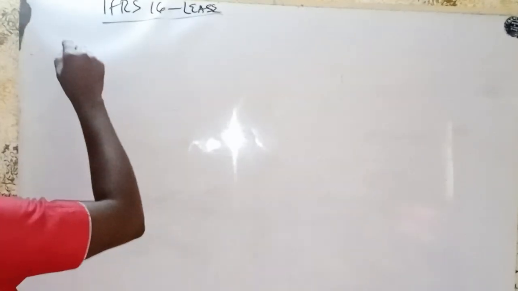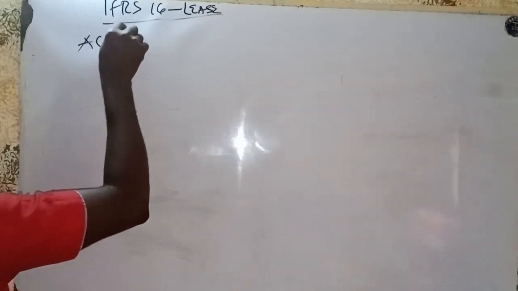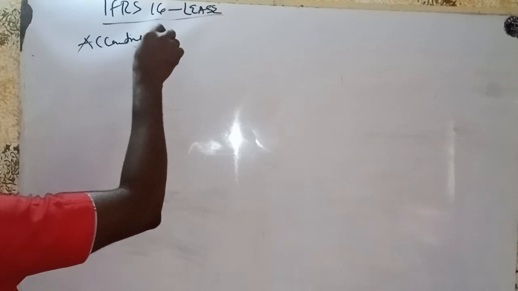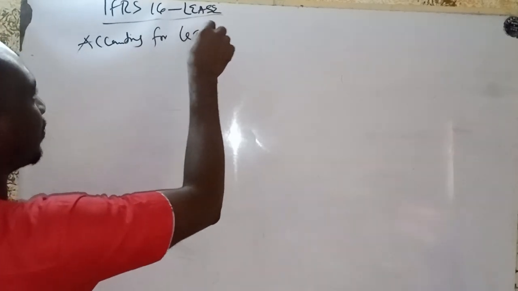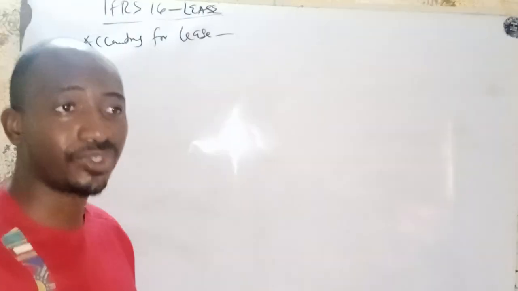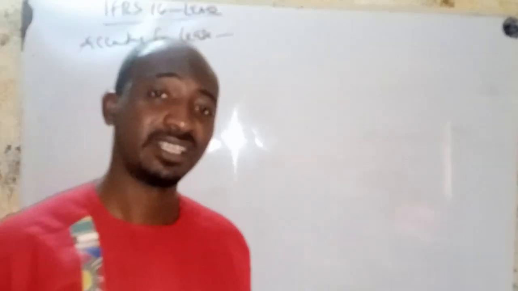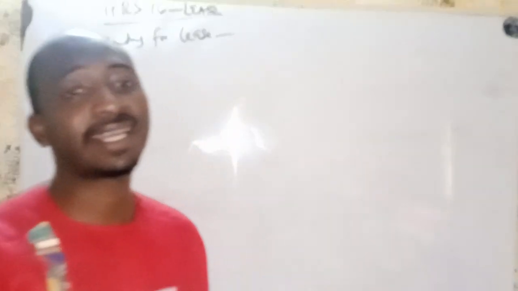Step one, whenever you are computing the accounting for lease, I told us before now that the accounting that we are doing is for a single book of account, that of the lessee. The lessor does not need to prepare any account. Why?